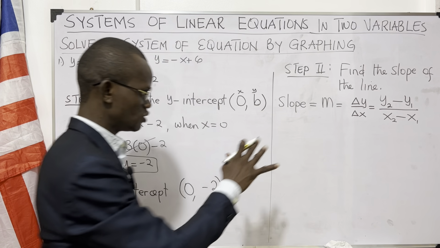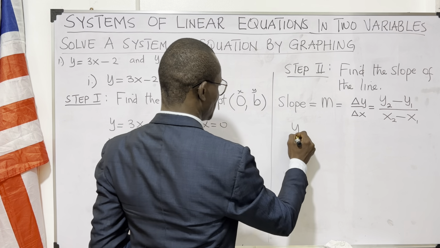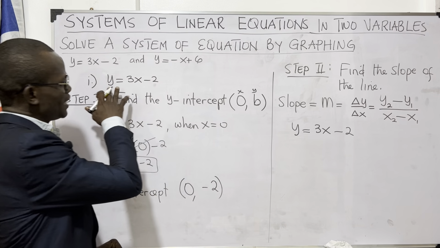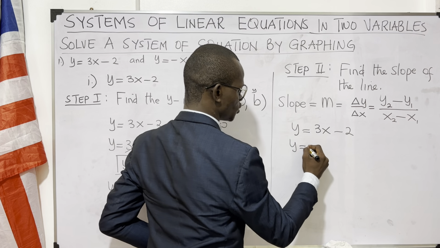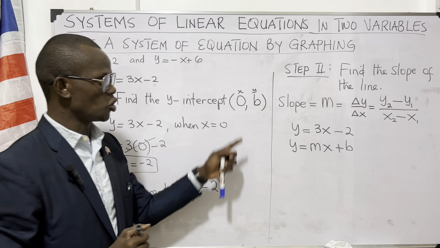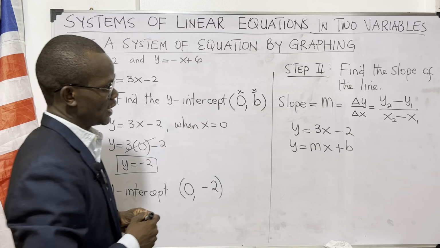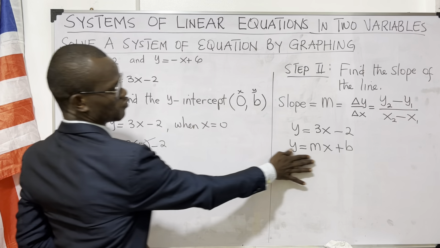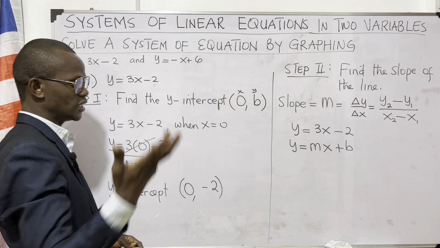We'll use that, but let's look at this equation, y equals 3x minus 2. We know that this is of the form y equals mx plus b, the slope-intercept form. If the equation was not in this form, we would have rewritten it by solving for y, as we might see in the second example.